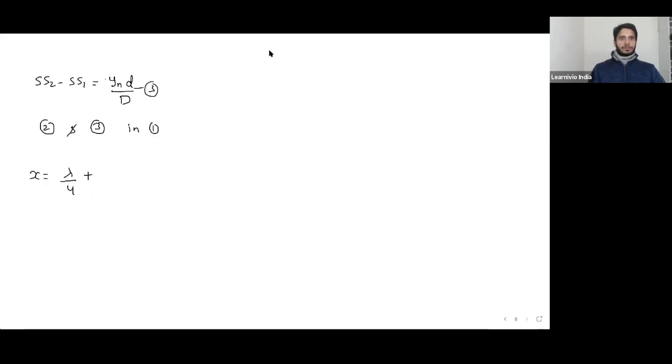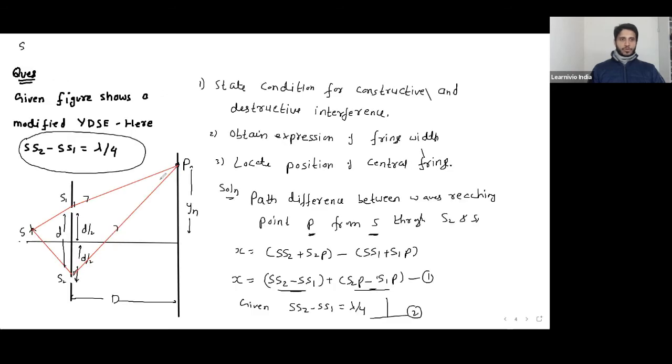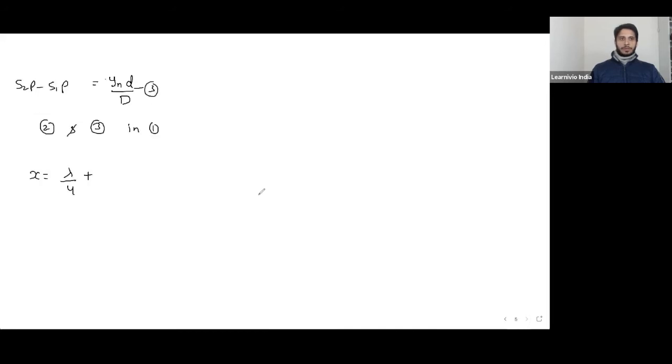This S2P minus S1P is yn d by D. This we have derived in the last derivation. So if I substitute it here, it's yn small d by capital D.